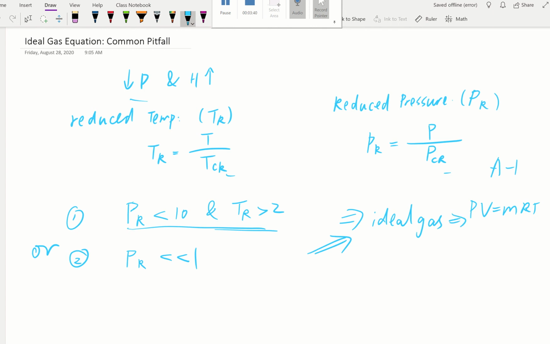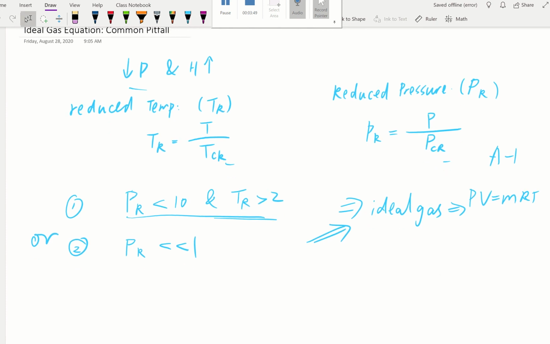That's how we scientifically determine if we can use PV equal to mRT or not. But let's talk about reality. We don't normally go through this exercise, and here is a common observation.